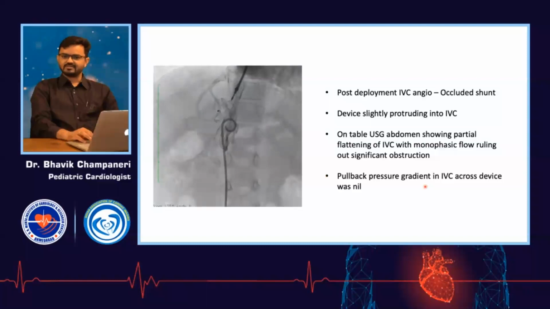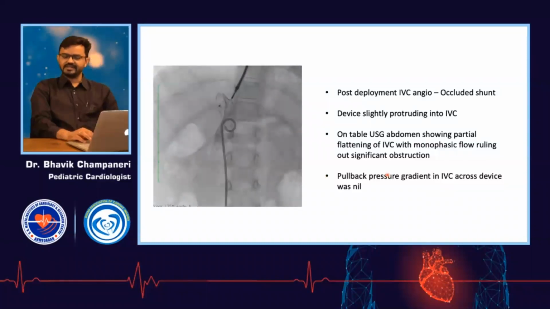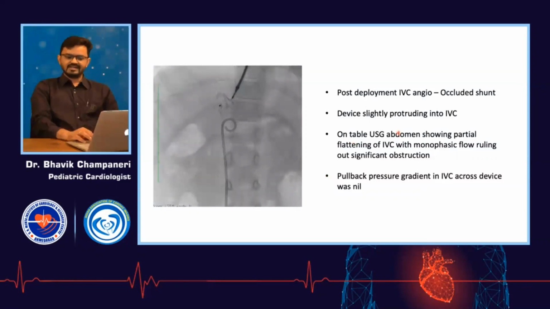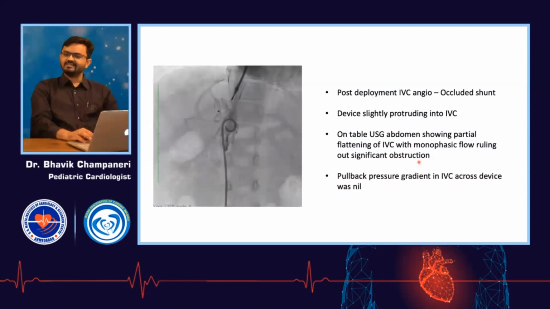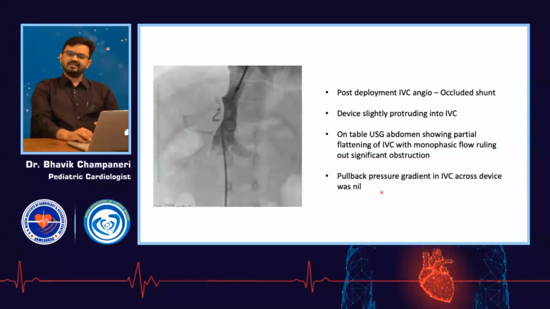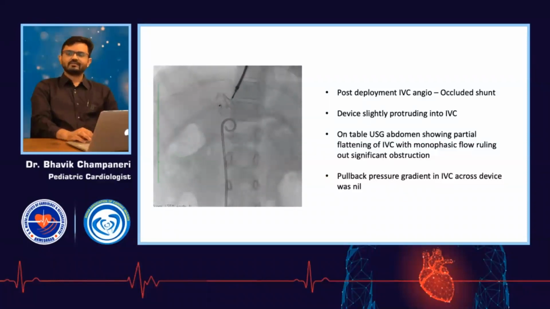Our radiologist friend was with us intraoperatively. He did on-table intraoperative sonography of the abdomen, and he told us the device is protruding, but there is a monophasic flow across the IVC, which rules out significant obstruction. And again we took a pullback gradient across the device in the IVC, and the pressure gradient was nil.